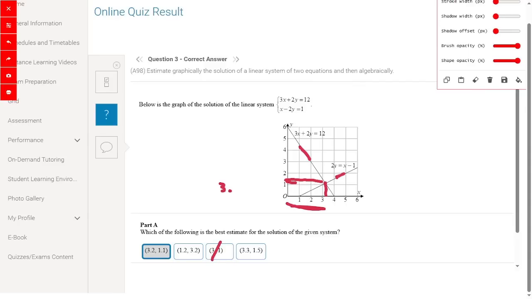X is 3, no. X is 1.2, no. X is 3.3 or 3.2, okay. Now for y, we can see it's above 1, so we have 1.1 and 1.5, but this point is less than 1.5, so this will not be the answer. The answer will be 3.2 and 1.1.